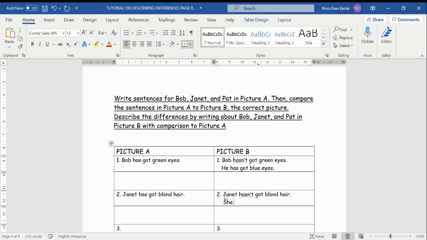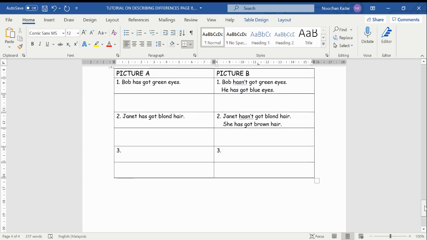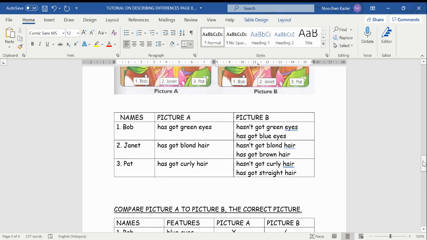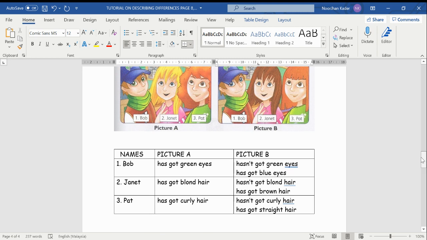Okay, she has got brown hair. Okay, why "she"? "She" actually is a pronoun for Janet. Janet is the name for a girl and can be replaced with the pronoun "she". Okay, so Janet hasn't got blonde hair. She has got brown hair. Okay, is it correct? Yes.